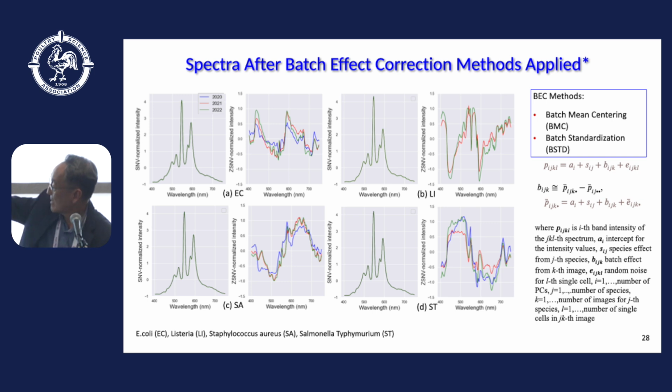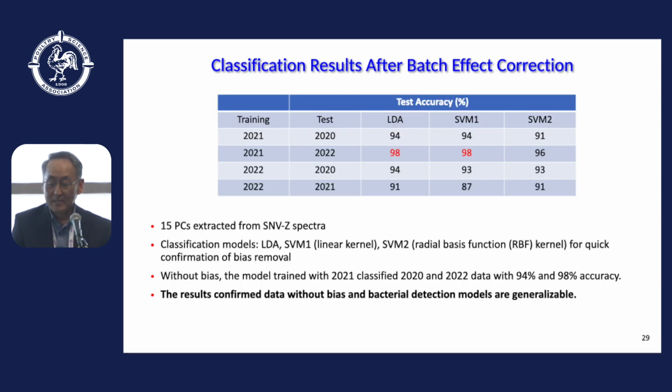You can see the second and the first columns, it adjusted all the variability together. So even though we train on 2021 and apply to 2020, the accuracy is pretty high, very stable. This is another thing we have to consider. When you collect different batches, we have to make sure whether the batch is biased or not. That is a very important step when you develop a deep learning model as well.